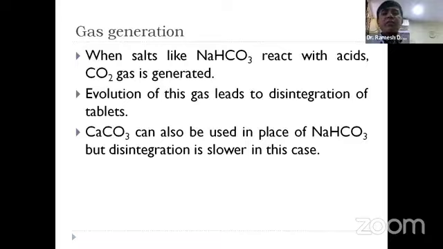So this mechanism can be used for the disintegration of effervescent tablets or soluble tablets. Soluble aspirin tablets are available in the market, which are manufactured with calcium carbonate. When they come in contact with the hydrochloric acid of stomach fluid, the calcium carbonate will react with the hydrochloric acid and carbon dioxide gas is generated, which leads to disintegration of the tablet.